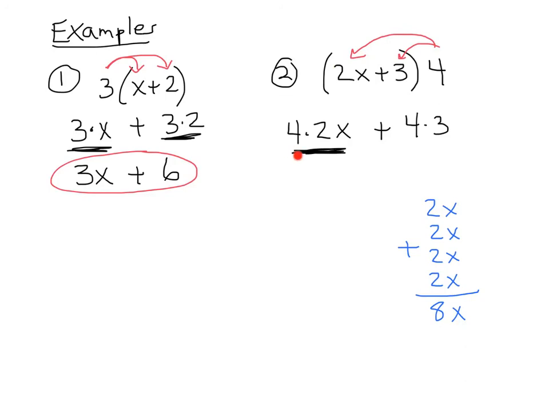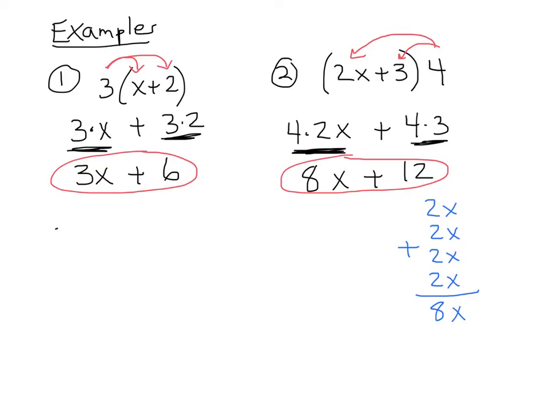So 4 times 2x is 8x plus 4 times 3 is 12. And that's your answer. You can't add these. They're not like terms. Multiplication, it's okay to multiply if they're not alike. Addition, no, no, no, no. These are different things. 8x's added to 12. I don't know what that gives me. It just keeps 8x's, and that's like hamburgers and fries.